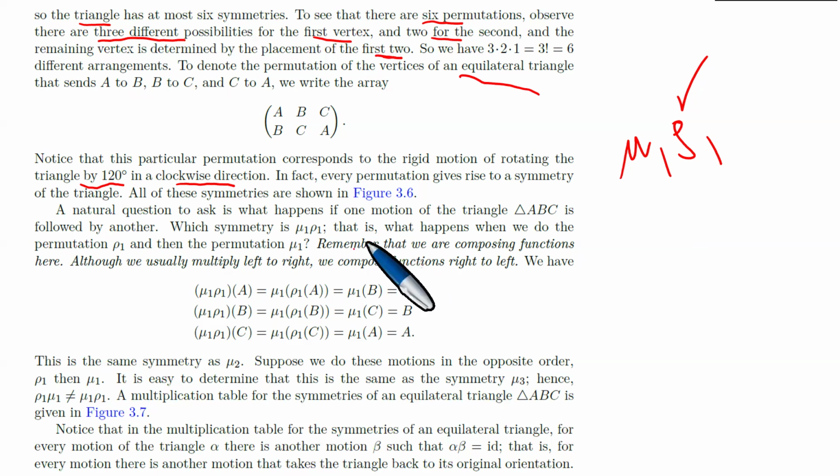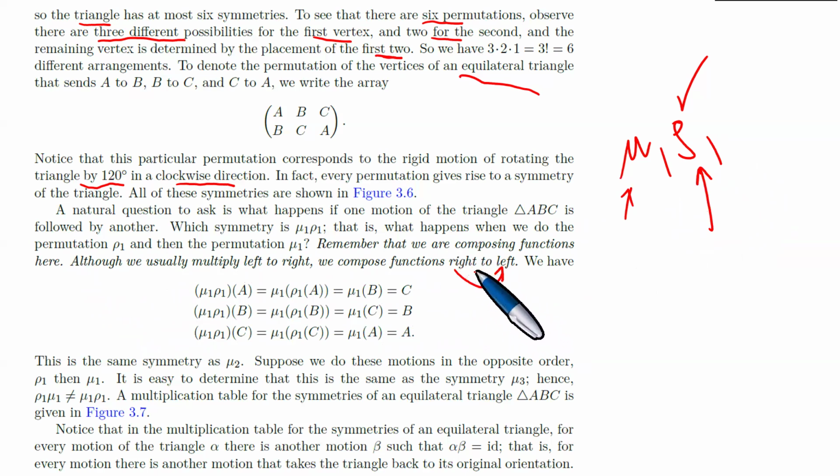Right. So which symmetry is mu1 rho 1? That is what happens when we do the permutation rho 1 and then the permutation mu1. Remember that we are composing functions here. Although we usually multiply left to right, we compose functions right to left.